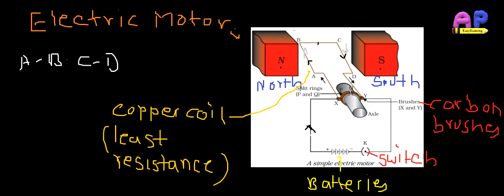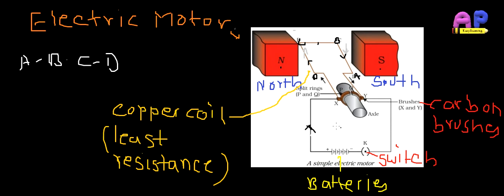So now if I label this, this will be D after one rotation, then this will be C, this will be my point B, and this is my A. So they have changed the positions.